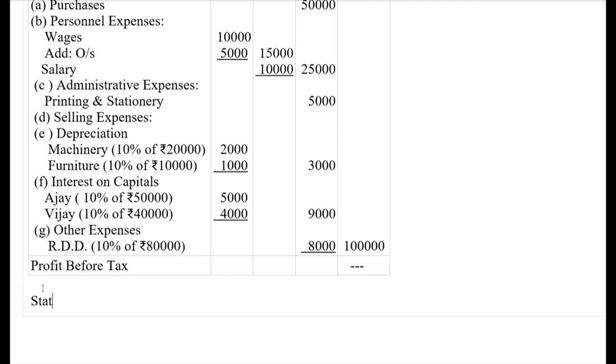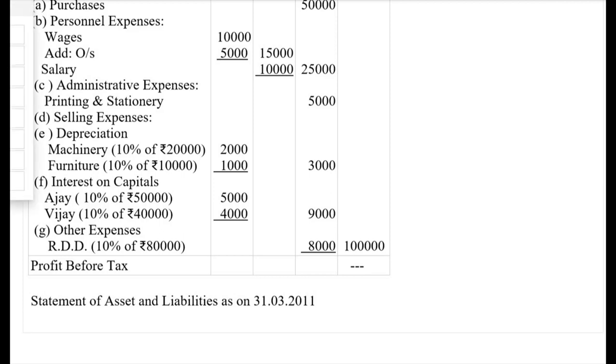The next one comes here, statement of assets and liabilities as on 31/3/2011. So let me insert the columns here. So particulars, rupees.